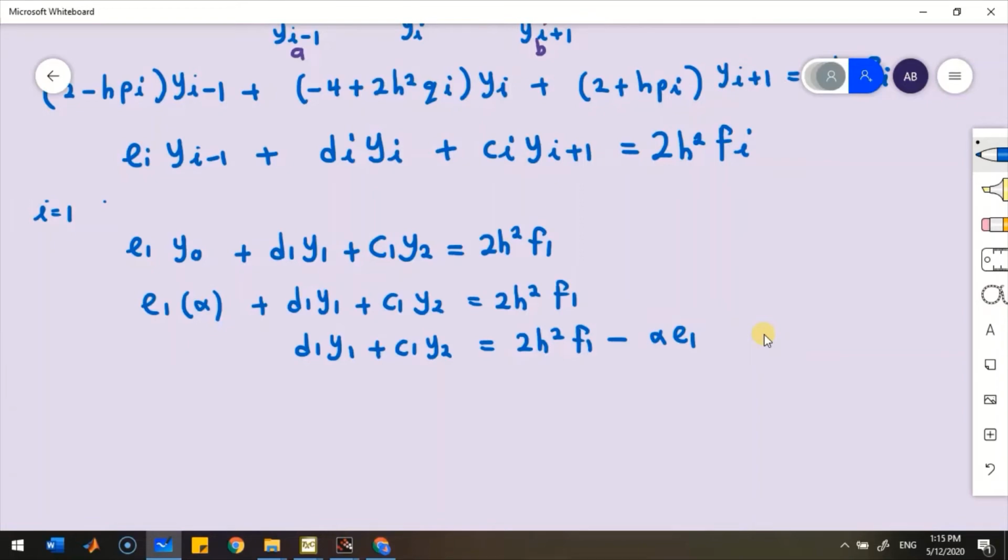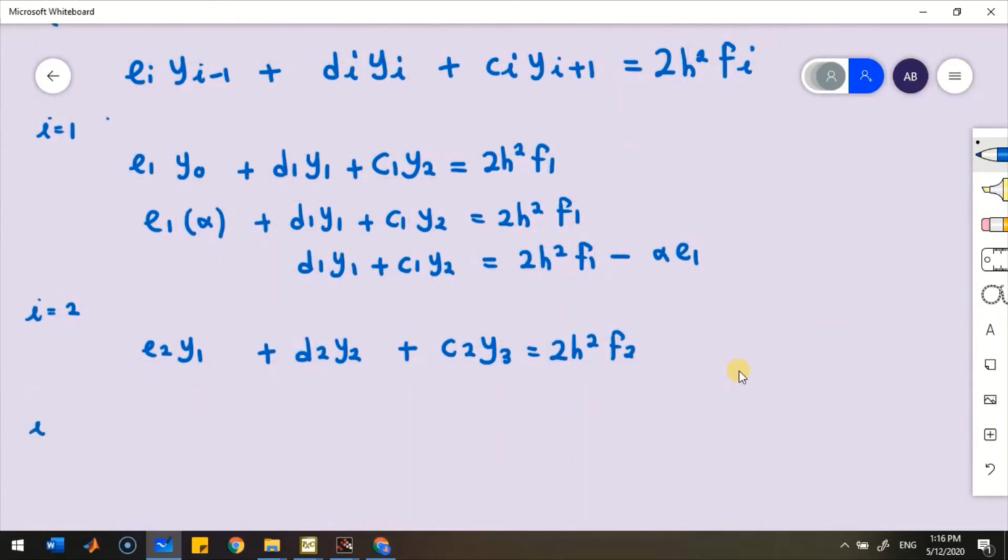Okay, and then for i equals 2, I have E2 y1 plus D2 y2 plus C2 y3 equals 2h squared f2. And then similarly for i equals 3, I have E3 y2 plus D3 y3 plus C3 y4 equals 2h squared f3.